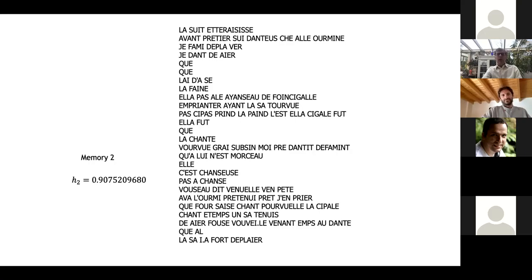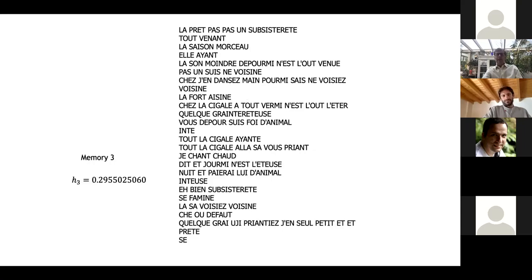Memory 2. Already you know that it is French. And you again have a drop in the entropy rate. So now I think everybody has guessed. In order to avoid everybody unmuting their microphone and producing a disaster, I will go directly to the end. Memory 3. You can see there are words that do not exist, but you can guess what the text is.